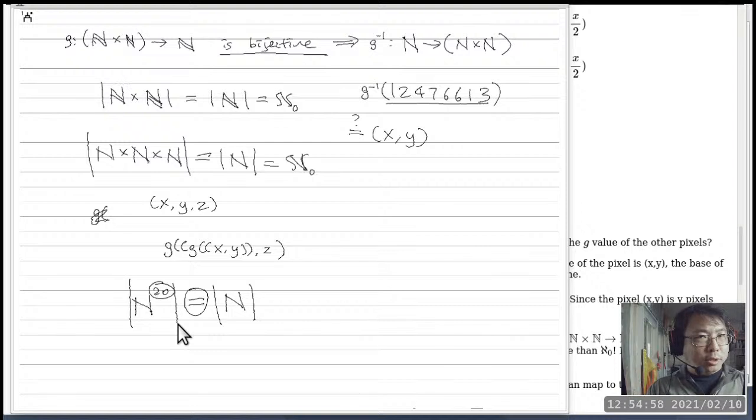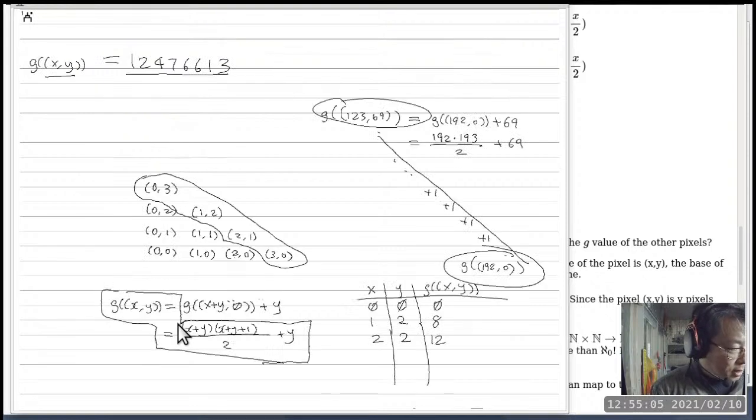Conceptually, this is not difficult to do. You just have to use your sweeping motion. Let me go back to a picture where there's a sweeping motion. All you have to do is start with this. It's 0. We have 1, 2, 3, 4, 5, 6, 7, 8, 9, 10, 11, 12, 13, 14, 15, 16, 17, 18, 19. And all you have to do is keep going until you get to 12,476,613.